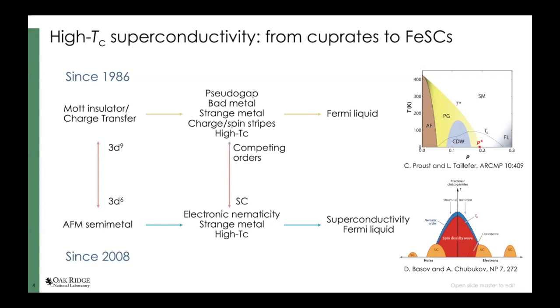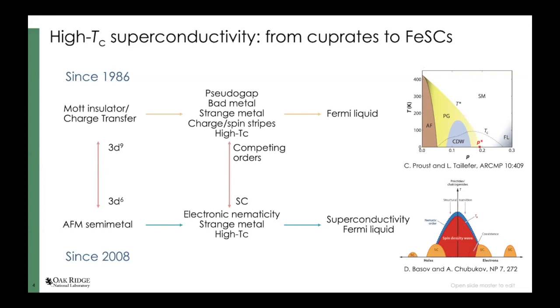And if you look at the doped phase, the ground state of a cuprate is highly intertwined, a highly degenerate phase. That's why it's so difficult to understand. On the other hand, for the iron-based superconductors, it looks more metallic, and superconductivity is always the ground state for most cases.